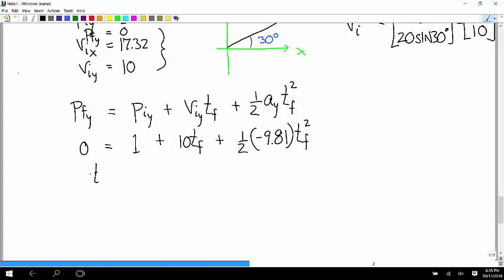And what answers do you get for this? Anyone do that? 2.13? Is that what you said? Okay. And then what was the second one? Negative 0.095. Okay, so we don't want this one, so we want this one.